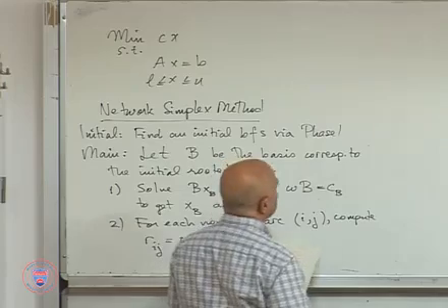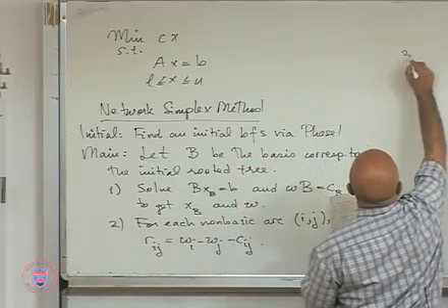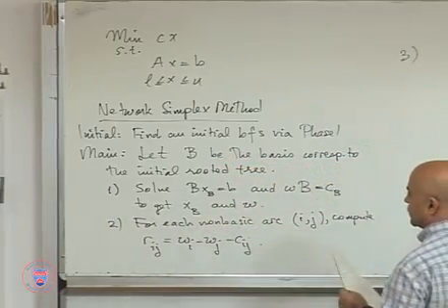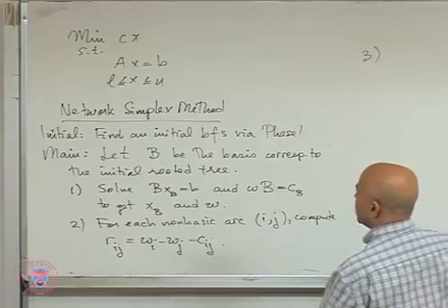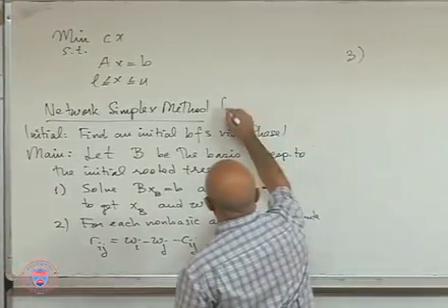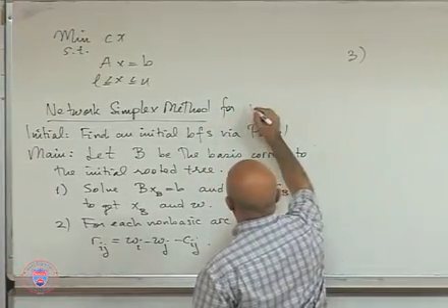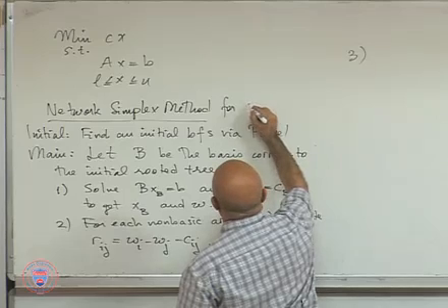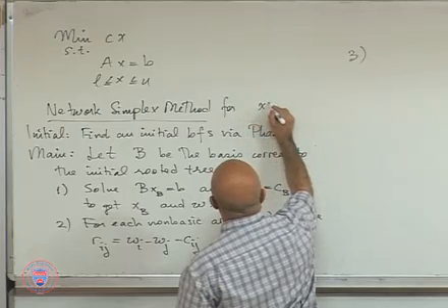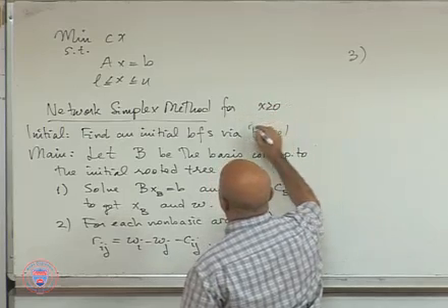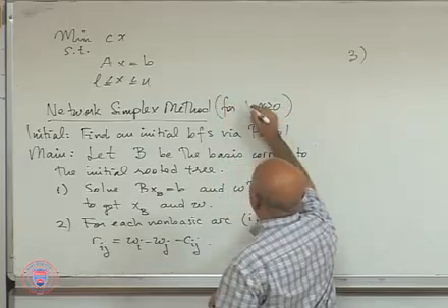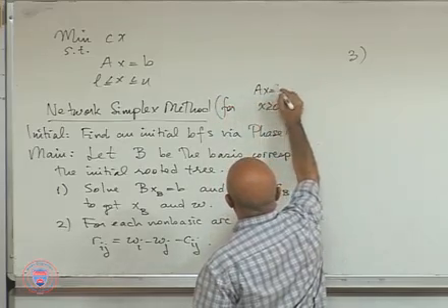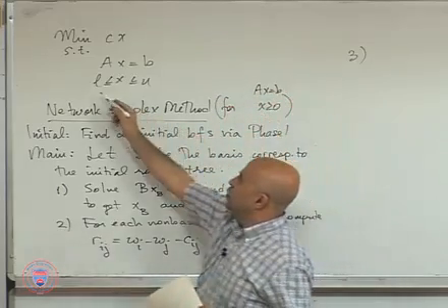Okay. Let me continue here. This is for the case x is simply greater than or equal to 0 and Ax = b, rather than for the more general case.